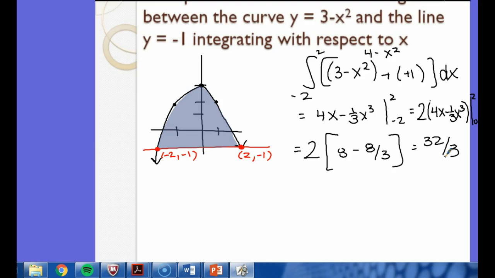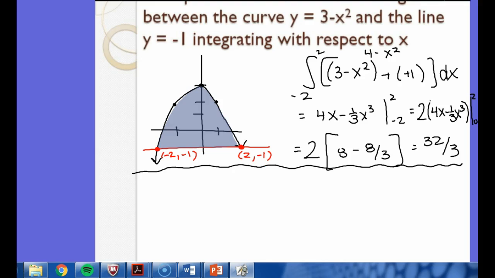If I wanted to integrate with respect to y's, what's your right function and what's your left function? I'm looking at this picture. What's on the right? The right side of the parabola. What's on the left? The left side of the parabola.